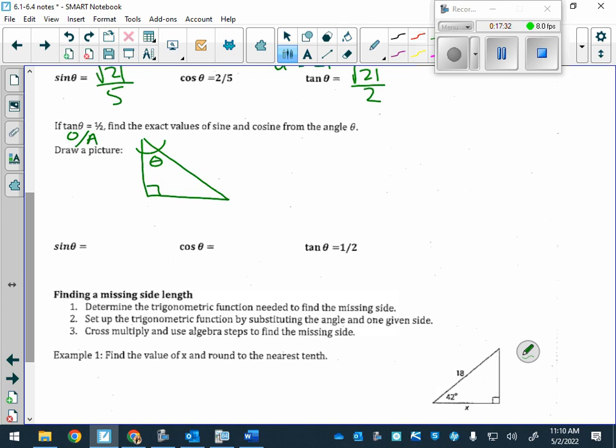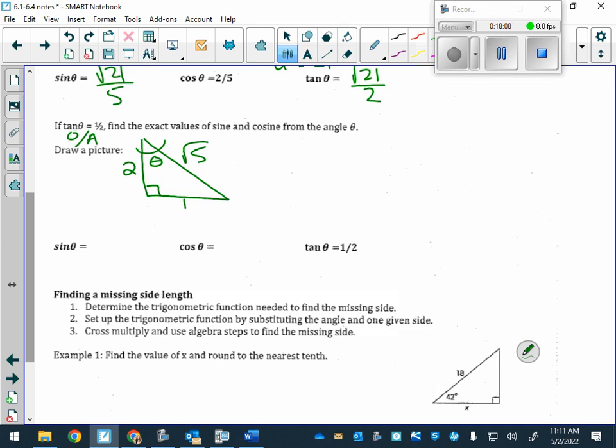Across from theta, what value am I going to see? 1. And right next to theta, 2. What am I finding? Hypotenuse. Go find your hypotenuse. What is our hypotenuse value? Root 5. Excellent. How many of you did get root 5?